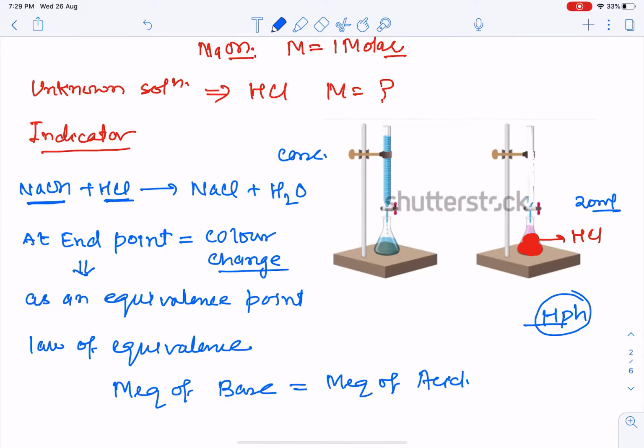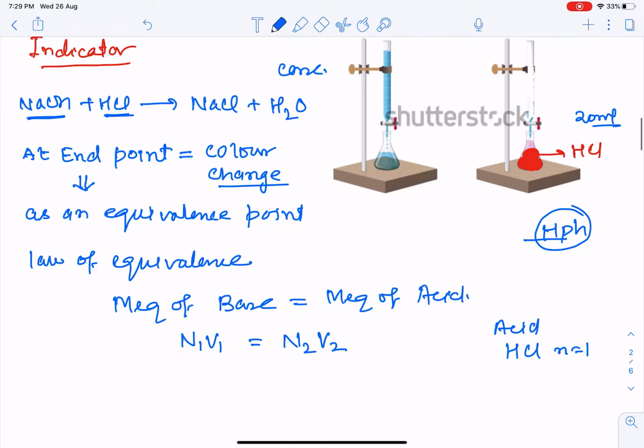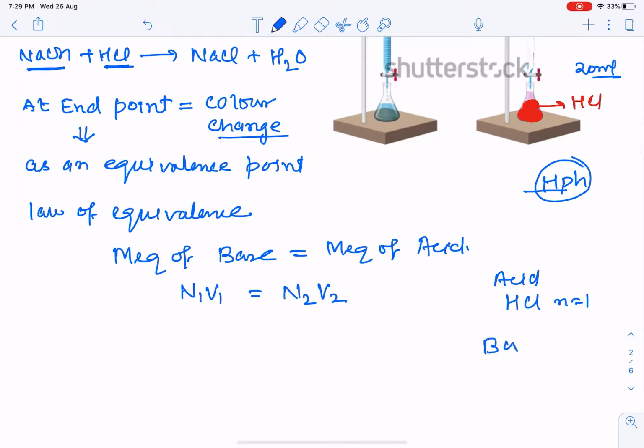So simply we can say N1V1 is equal to N2V2. The N factor in case of acid, that is HCl, is 1, which is the basicity of the acid, and for the base the N factor is 1 because NaOH has acidity 1. We know the formula: normality into volume, that is molarity into N factor into volume.